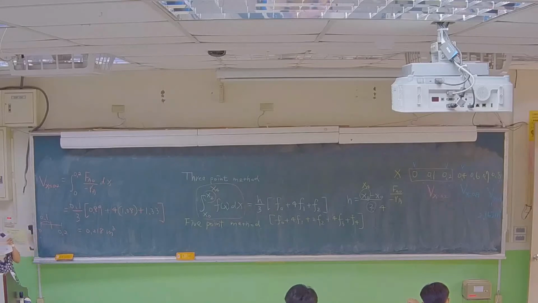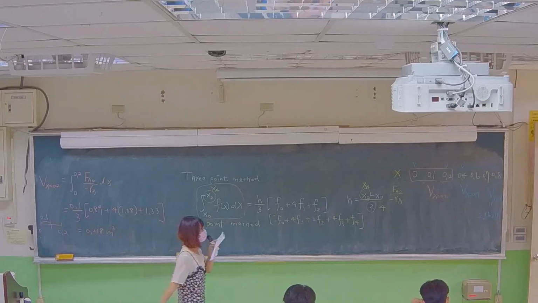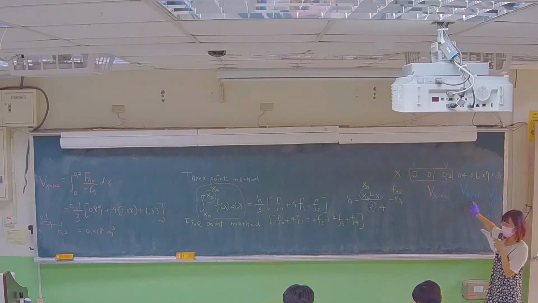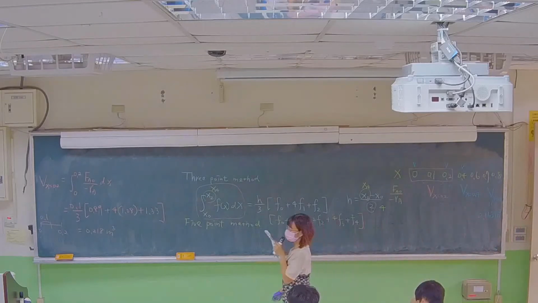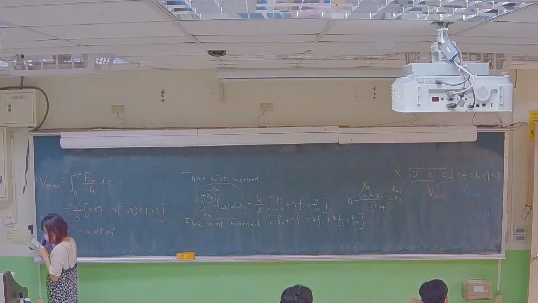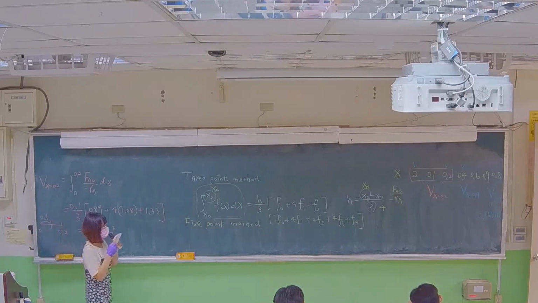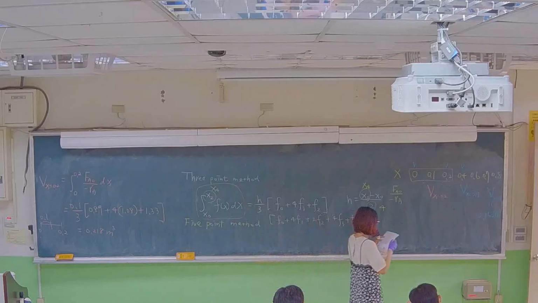Can you calculate V at conversion equal to 0.4 by yourself? I give you 3 minutes, okay? After 3 minutes, I will give you the answer. So please use the 3-point method to calculate this one.